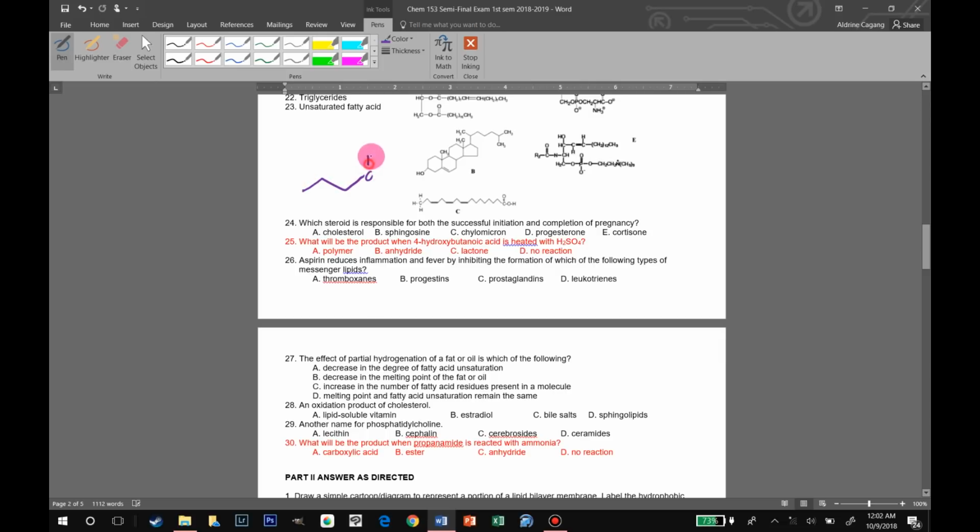Oic acid suggests a carboxylic acid group. 4-hydroxybutanoic, so you have the OH here.